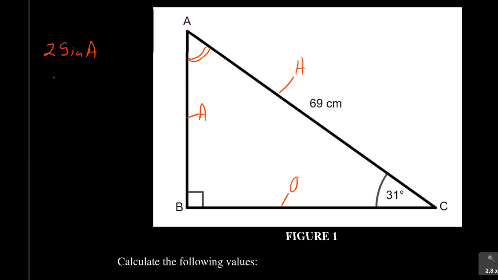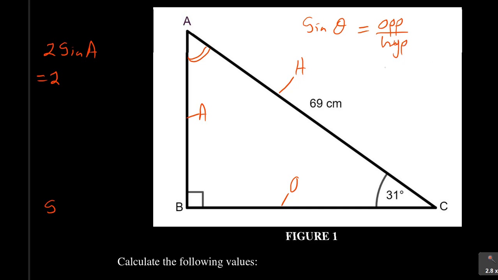Now 2 sine A is equal to 2, and then remember sine, let me write it this side, sine theta is equal to opposite over hypotenuse.